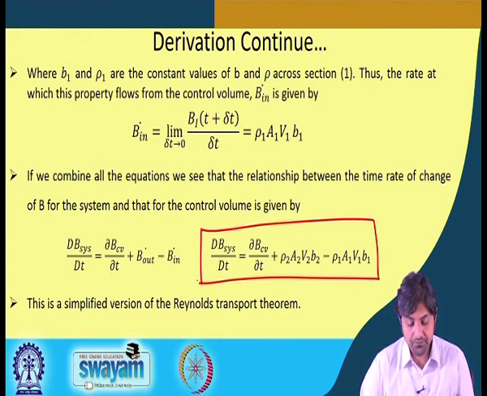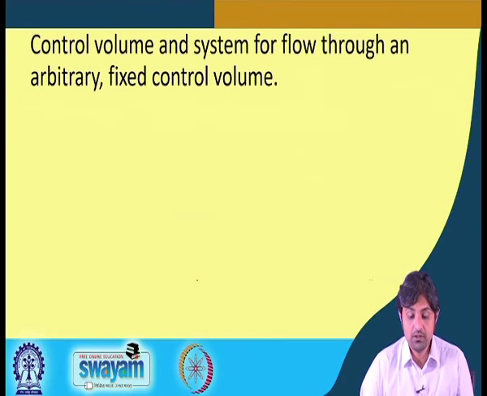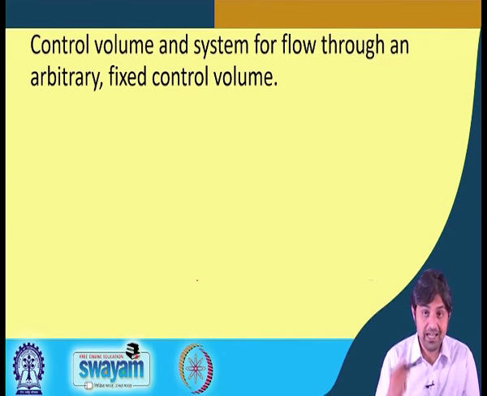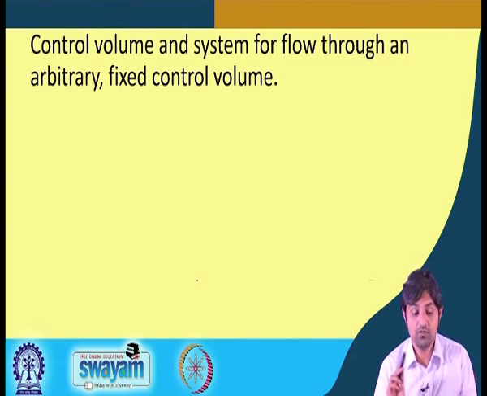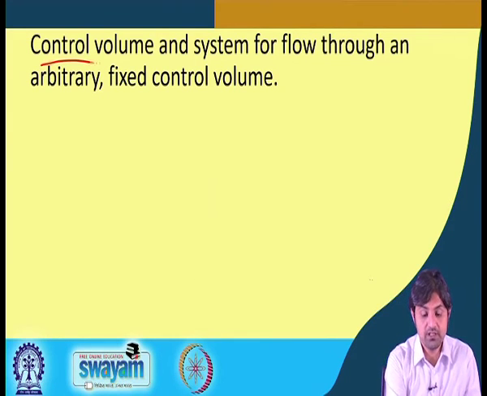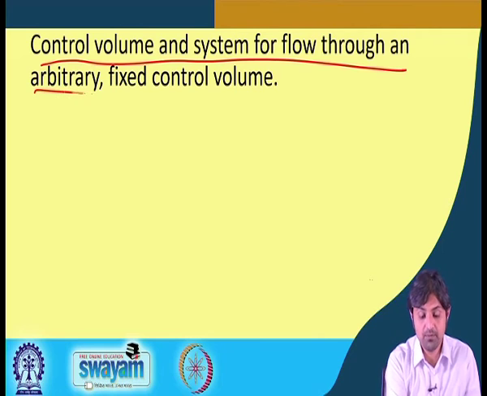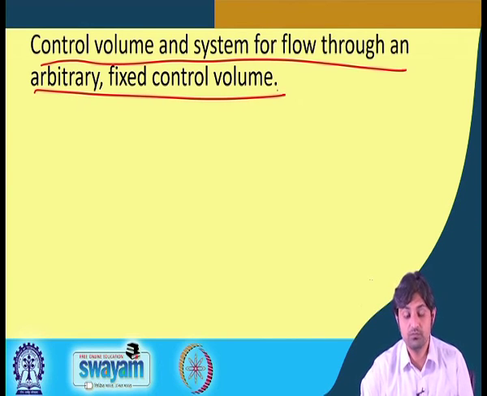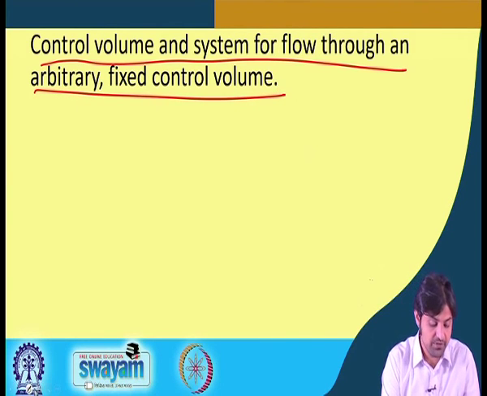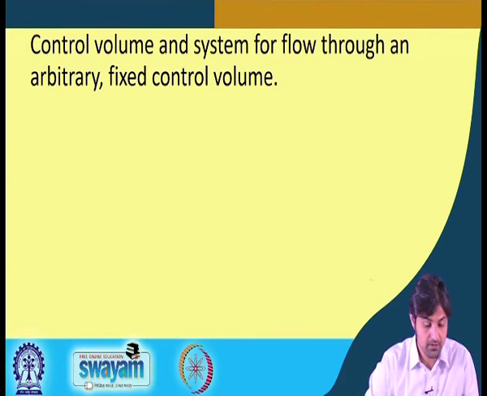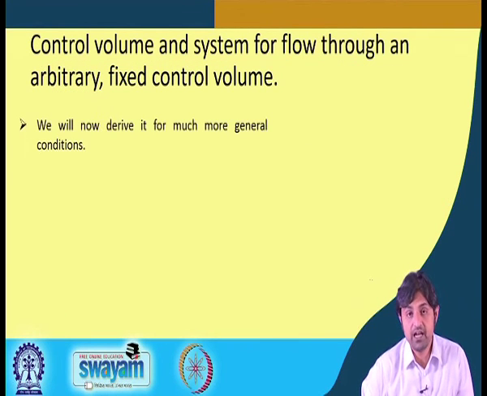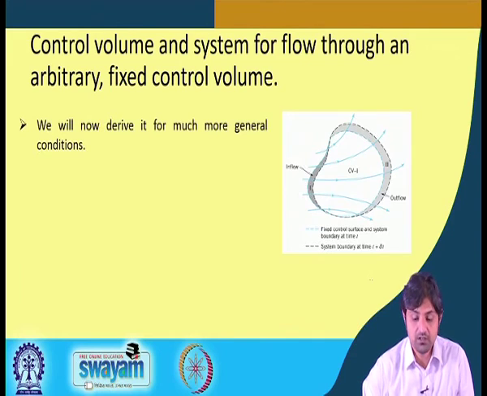So, now the next step is to find this relation between control volume and system for flow through an arbitrary fixed control volume. Now we will derive it for more general conditions. So, this is the general condition.